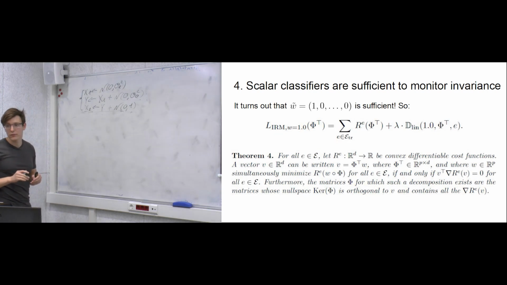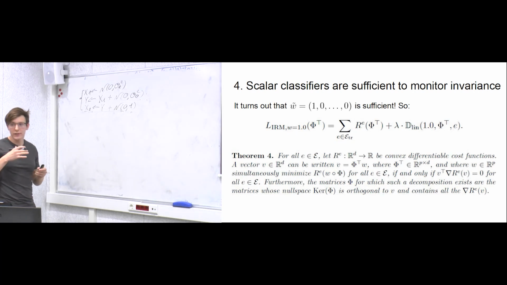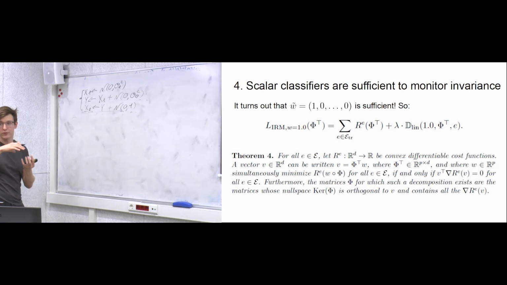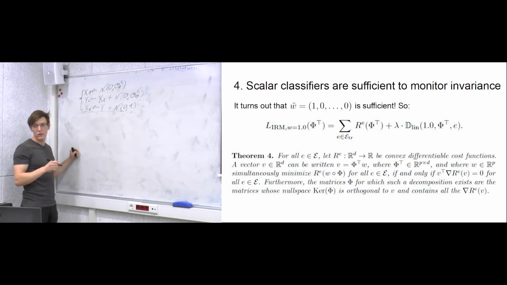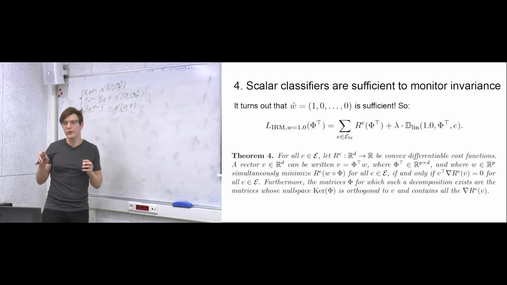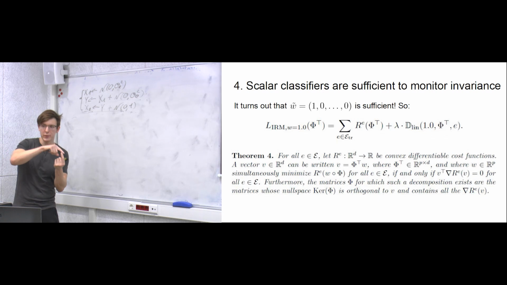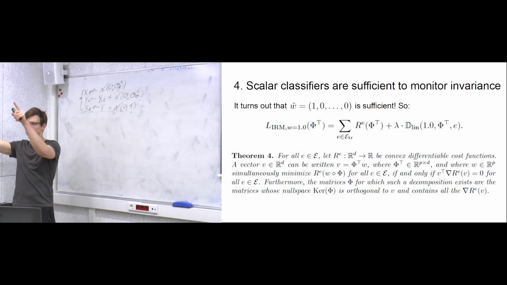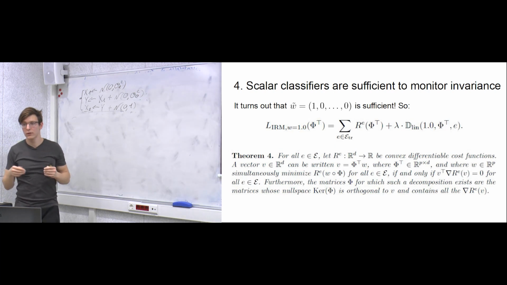Sorry, before you begin, W are the weights of our model? It's a linear classifier on top of our representation. Right, so it's the weights on top of the phi. Yeah, it's the vector we multiply by. It's like in a neural network. You map your inputs to some final layer, and then there is just linear regression on top of it. Yeah, okay, I got it.